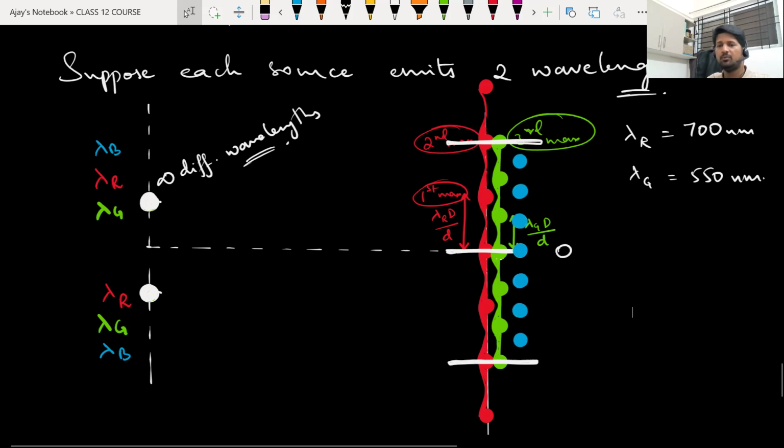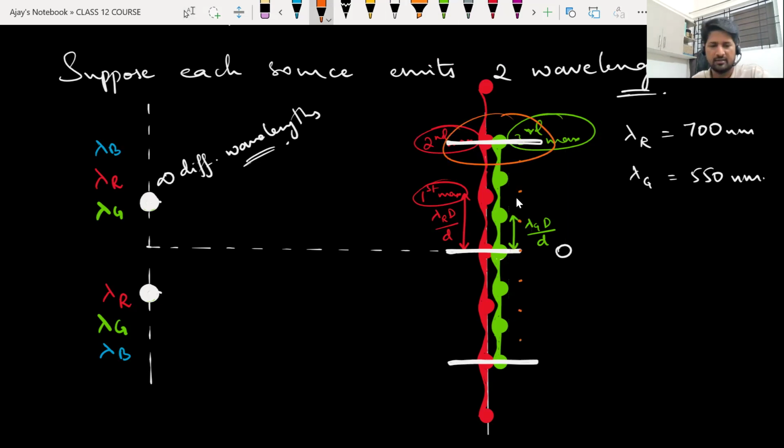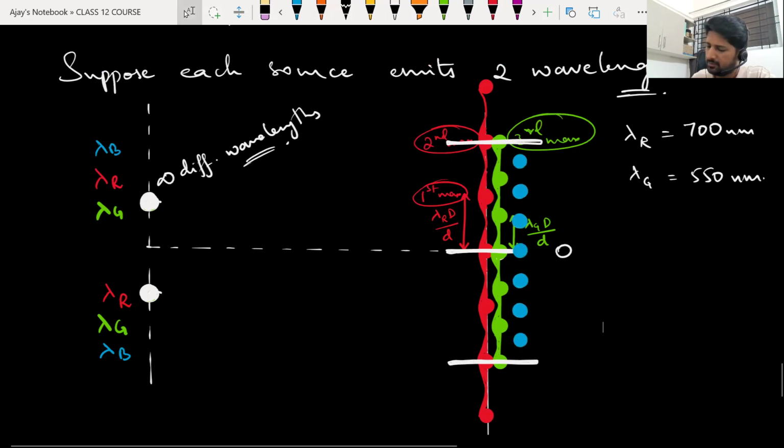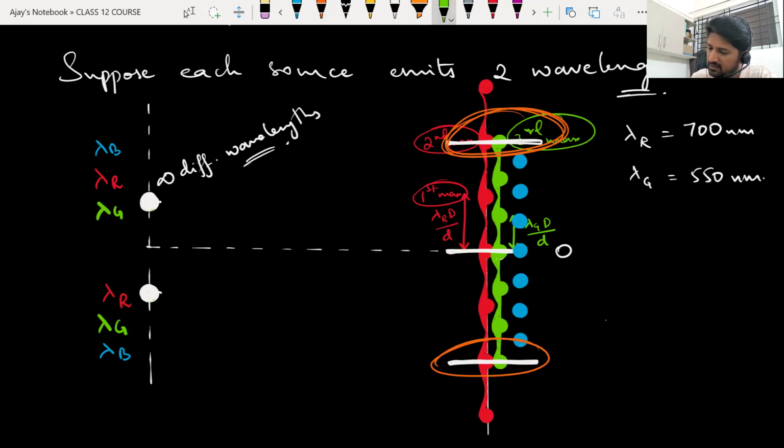Now if red, green and blue are emitted, there will still be some positions where all three coincide. It may not happen over here or over here, but at the central maximum, definitely all three maxima are overlapping. Yes or no?